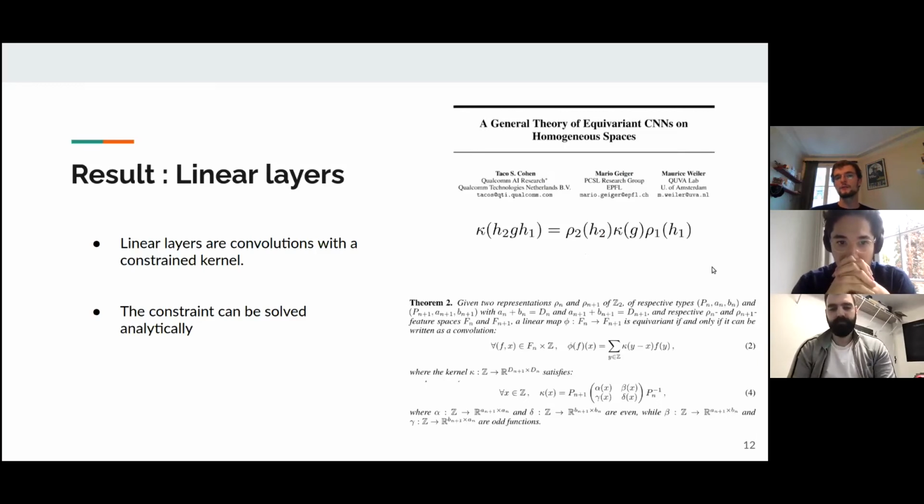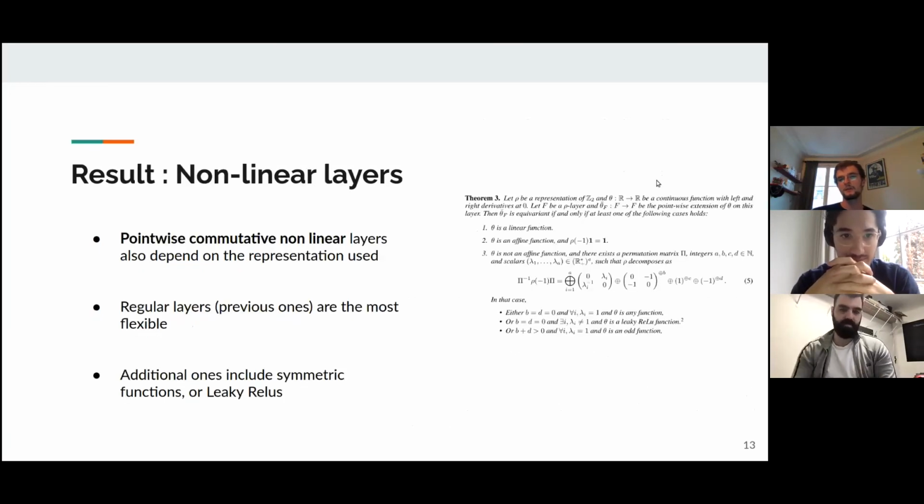And it tells you that all possible linear layers going from such structured spaces can be framed like that. So basically, it tells you what all linear layers look like. And then we also add another result about the nonlinear layers. We derive the form of the most general pointwise commutative nonlinear layers.